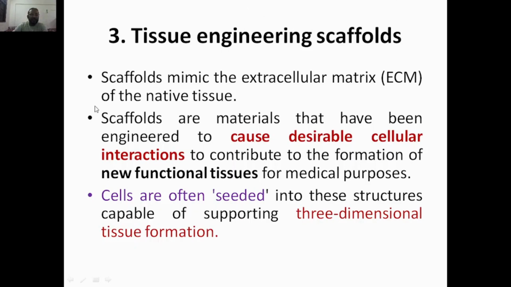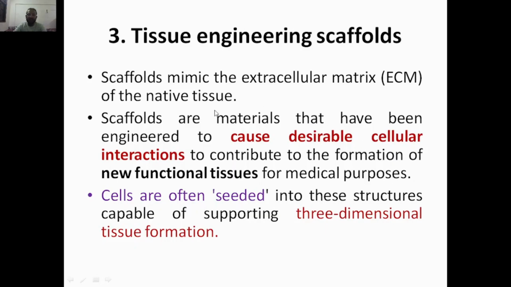Let's begin the topic. The scaffolds mimic the extracellular matrix of the native tissue. That means they copy the extracellular matrix function. Scaffolds are materials that have been engineered to cause desirable cellular interactions to contribute to the formation of new functional tissues for medical purposes.